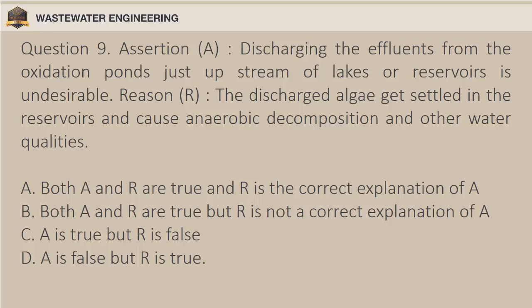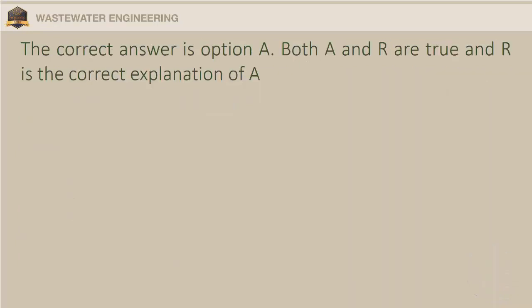A. Both A and R are true and R is the correct explanation of A. B. Both A and R are true but R is not a correct explanation of A. C. A is true but R is false. D. A is false but R is true. The correct answer is option A. Both A and R are true and R is the correct explanation of A.